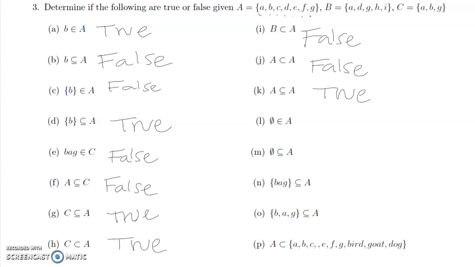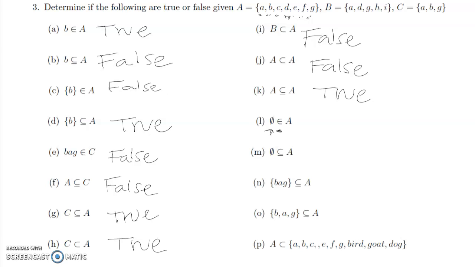Okay, part L. Now we have to remember this symbol. Remember, this was the empty set. Is the empty set an element of A? Now remember, to be an element, you have to actually be listed in the list, somewhere in there separated by commas, which we see in that list.